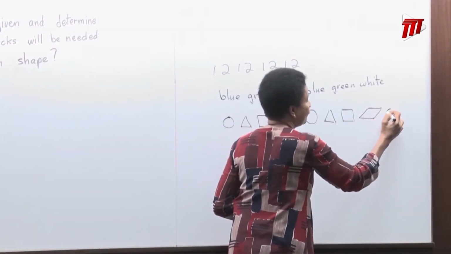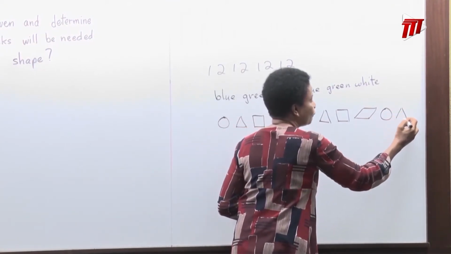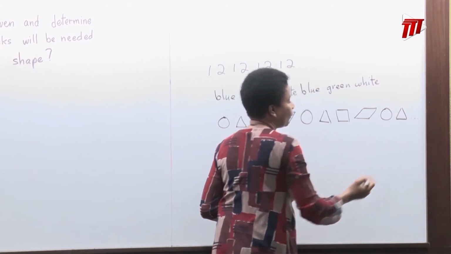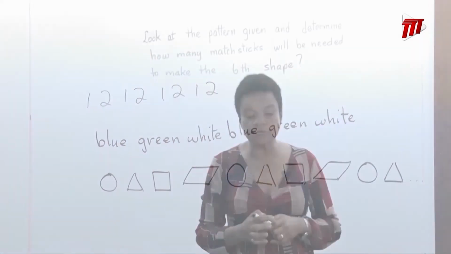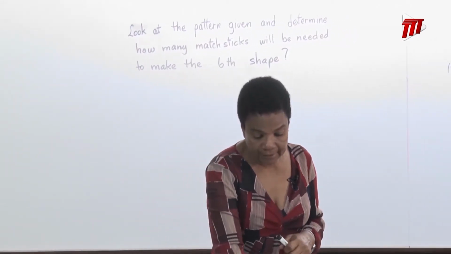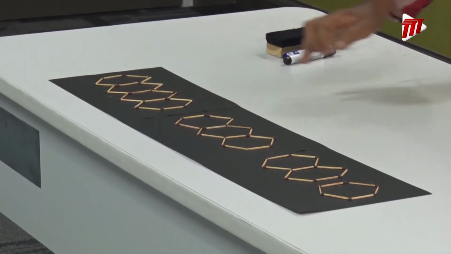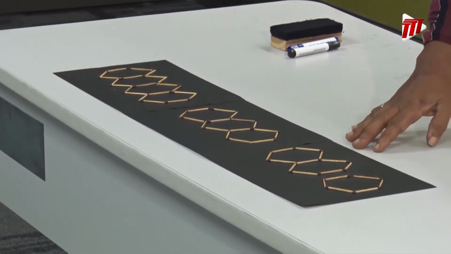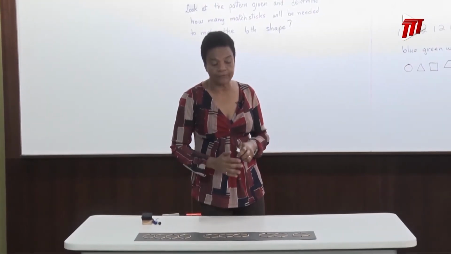And I can continue a circle, and one would know that the next element would be a triangle, and so on. But there's another type of pattern called a growing pattern. In this case, the element increases as the pattern increases. Something is added onto each element as the pattern increases.